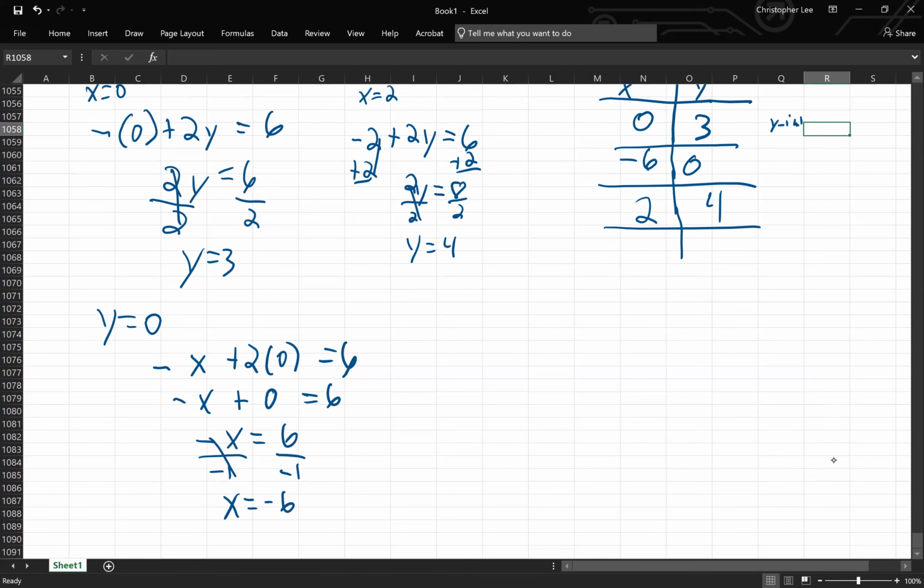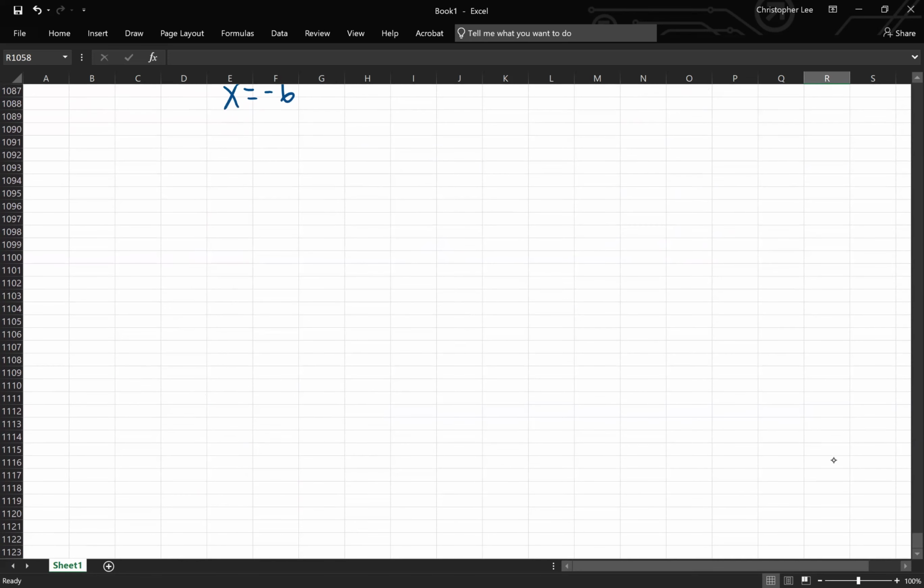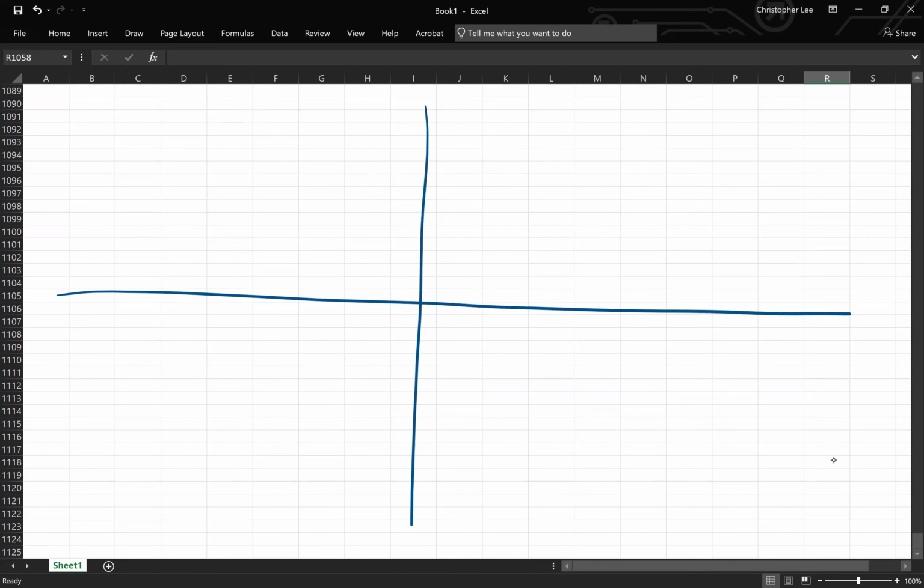So this goes out to 6. So this is going to be a big graph. I'm going to have to scroll down a little bit because I don't think I can fit all of that. Let's try this. This is 1, 2, 3, 4, 5, 6. So I'm going to try and do 7.